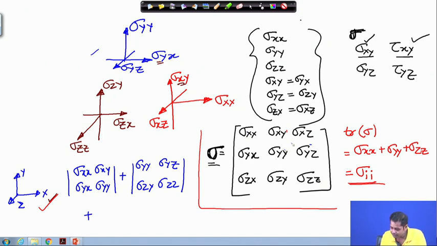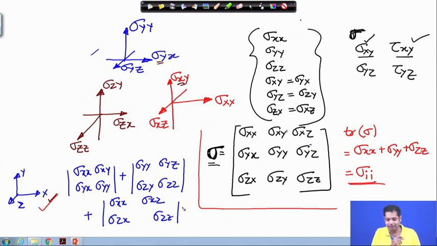If you take the first and third row and the first and third column, this will be sigma xx, sigma xz, sigma zx and sigma zz. So, this is the sum of cofactors. You check that and you will see that the sum of the cofactors of sigma is also an invariant.